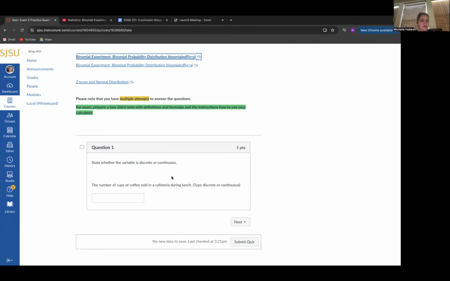Just looking back at my notes, I believe this would be discrete. It doesn't say to write why, but it represents a count of whole, countable items, the cups of coffee, and it cannot be measured continuously. So that is my explanation for that.